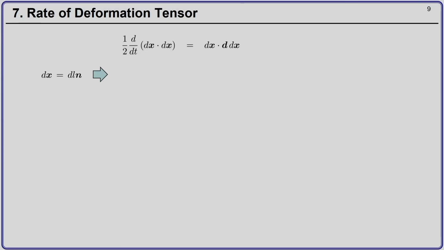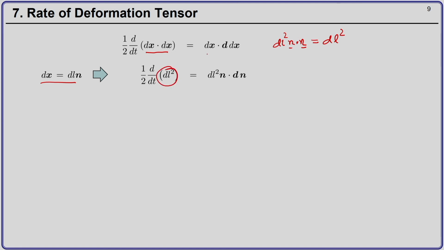Dx dot dx is nothing but dl square into n dot n, and n is a unit vector, therefore n dot n is 1. So, we will get dl square.